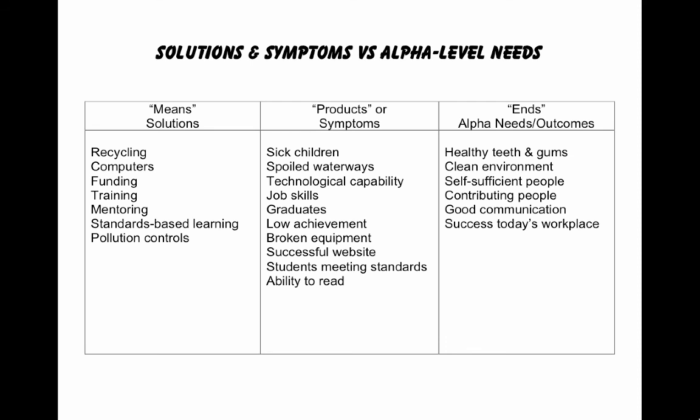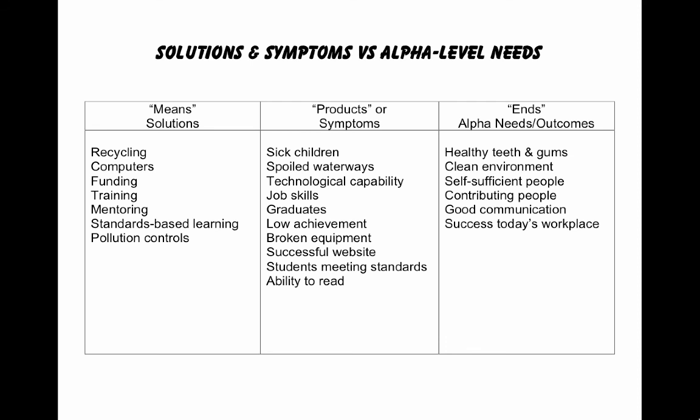Okay, what about our products or symptoms? Sick children, spoiled waterways, technological capability, job skills, graduates, low achievement, broken equipment, successful website, students meeting standards, and ability to read. All of these are either products or symptoms. Graduates, that's a product of our educational system. But why do we need to graduate in the first place?